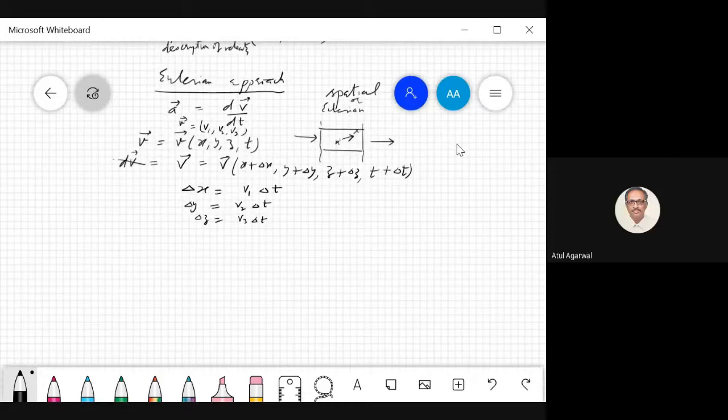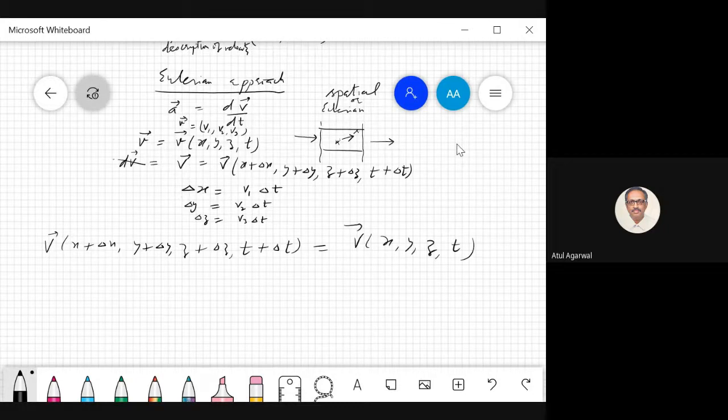So now, what will be my... simple Taylor's theorem you use? Any problem?